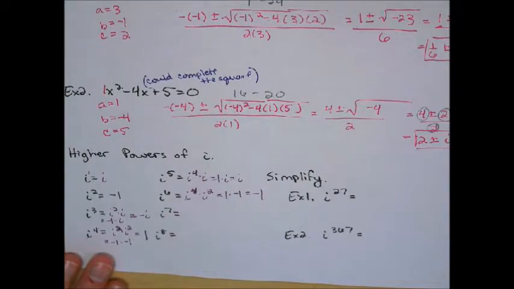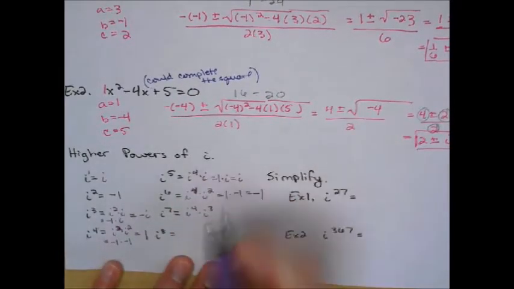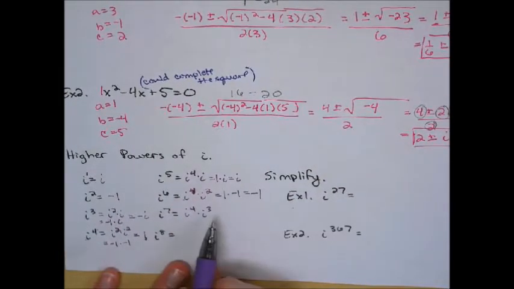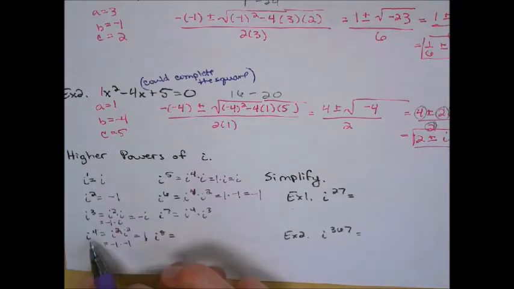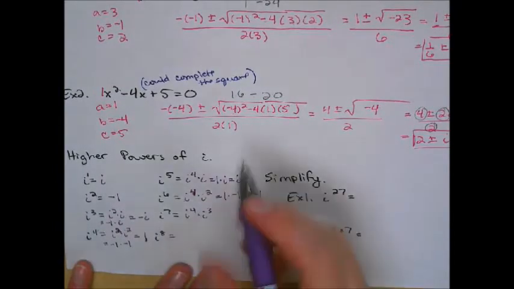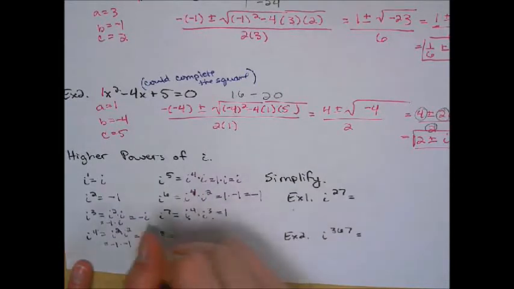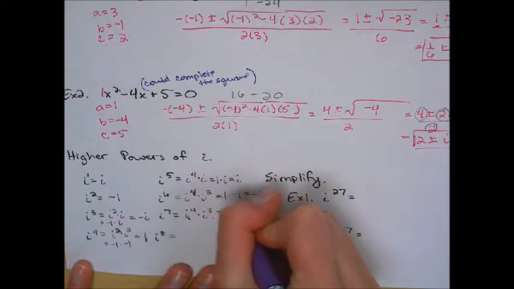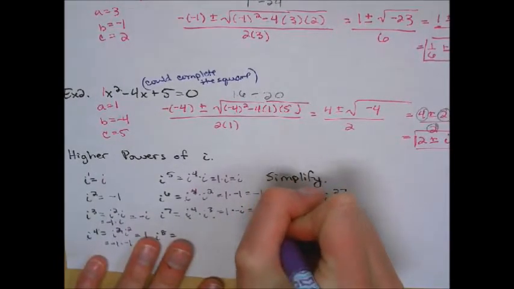I to the 7th is I to the 4th times I to the 3rd. Notice I'm always breaking it first into the 4th. Why? Well, we know I to the 4th is 1. I to the 3rd is -I. So I get -I.